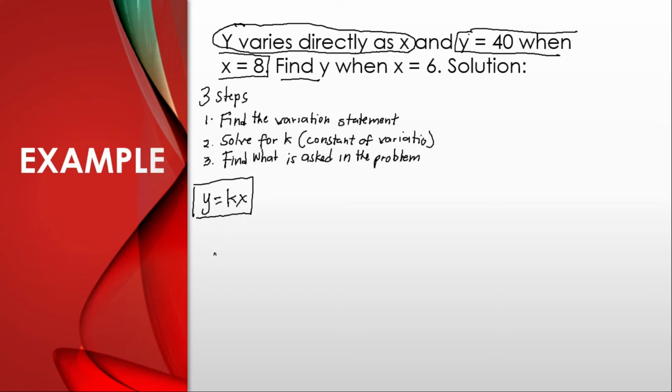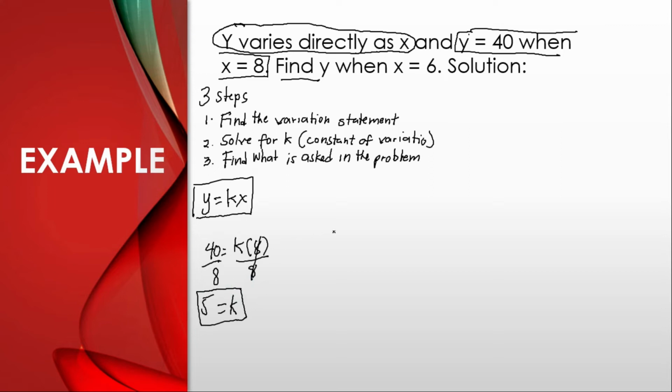Kaya magiging 40 is equal to k times 8. Divide both sides by 8 or use MPE and multiply both sides by 1 over 8. So 40 divided by 8, k is equal to 5. So, ang k natin is equal ngayon kay 5.